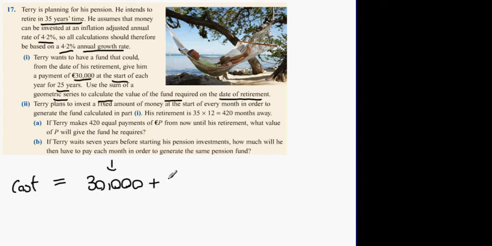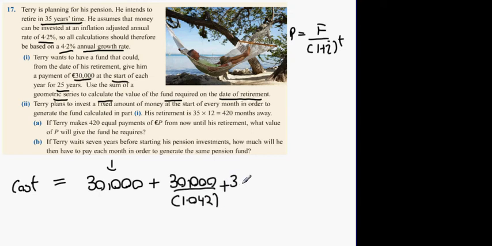Now, in 1 year's time, we're using the formula P equals F over (1 plus I) to the power of T. Now, 1 plus I is going to be 1.042. At the start of year 2, it's going to be 30,000, and this 30,000 is a year away, so it's divided by 1.042.